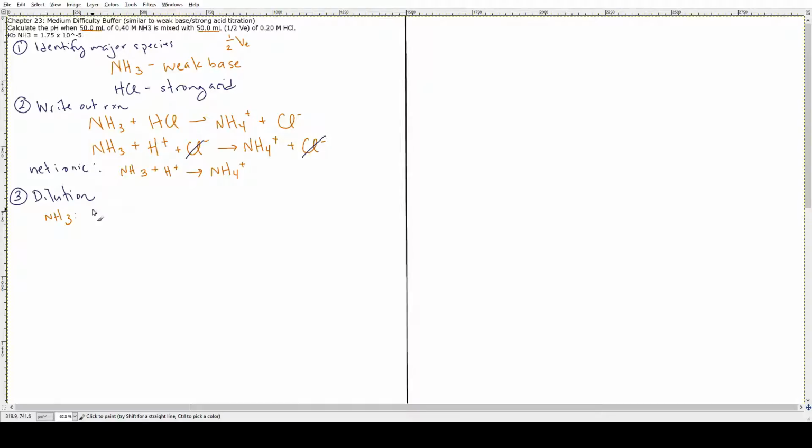NH3 will come first. It starts off at 0.40 molarity and a volume of 50 milliliters. We want to know its new concentration after it has been diluted, or mixed with another 50 milliliters. So I'll have an M2 of 0.20 molarity ammonia, whereas my hydrochloric acid started at 0.20 molarity and also 50 milliliters.